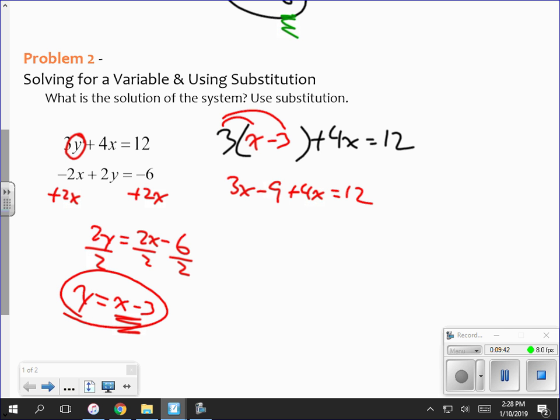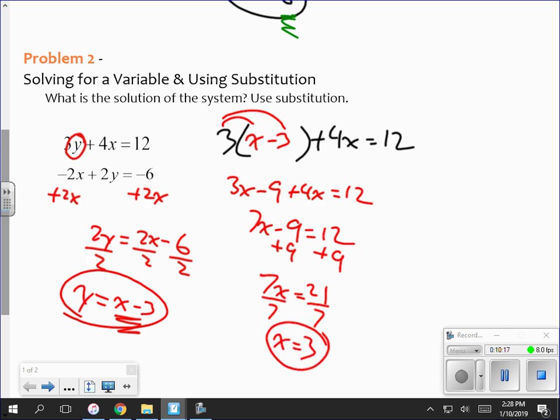How many x's do I have? I have 3 here, and I have 4 there. 3 plus 4 is 7. So I have 7x minus 9 is equal to 12. Add 9 to both sides. 7x is equal to 21. Divide by 7. X equals 3. So I have how many answers? I have 1 of my 2 answers, yes.